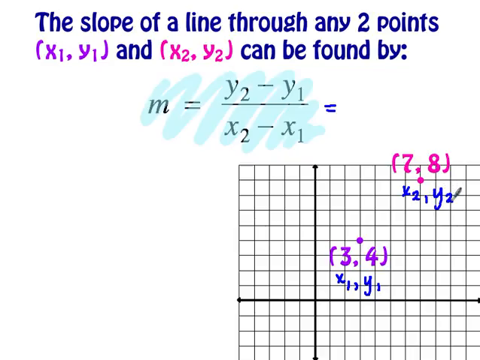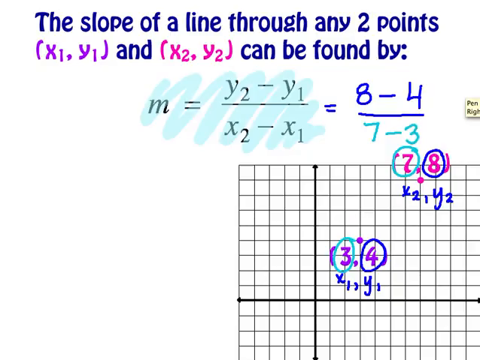What the formula says is you take your y2, which in this case is 8, and subtract y1, which is 4. And then I divide that by x2, which is 7, minus x1, which is 3.